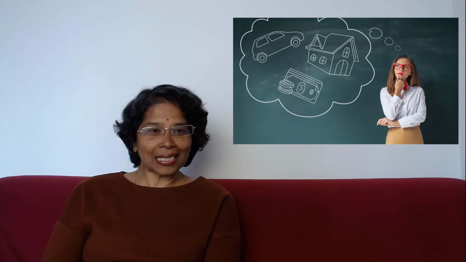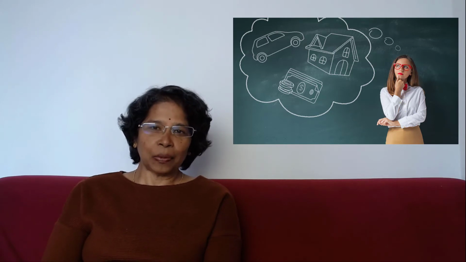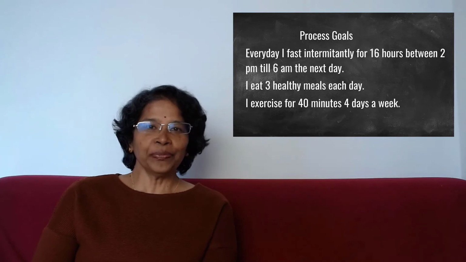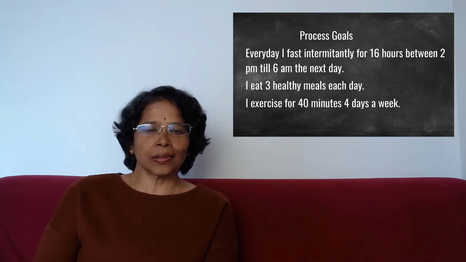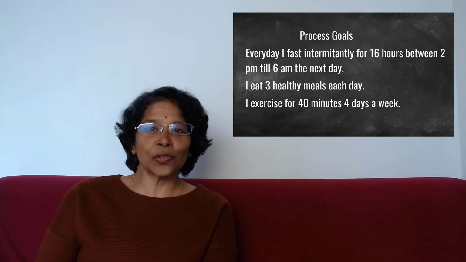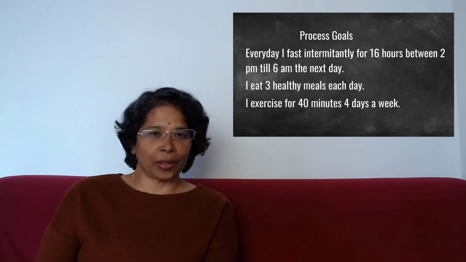Let's, as next, look at the process goal that we will have to set in order to achieve the outcome goal, which we had set earlier as an example. Here are some process goals as examples of goals that support the fruition of your outcome goal.